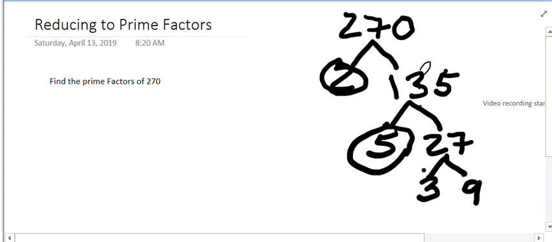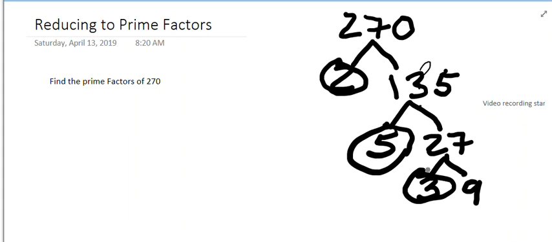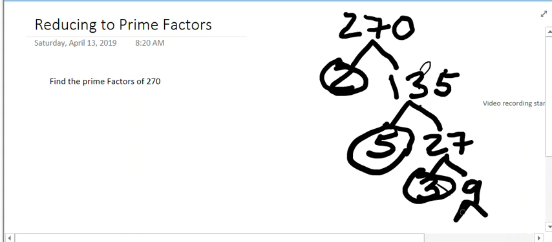And we're going to circle the 3 because we know that's a prime factor. And so we're done with that level. So now we need to figure out what are the factors of 9, which we should know pretty simply. So put another little tree, and we have 3 times 3.